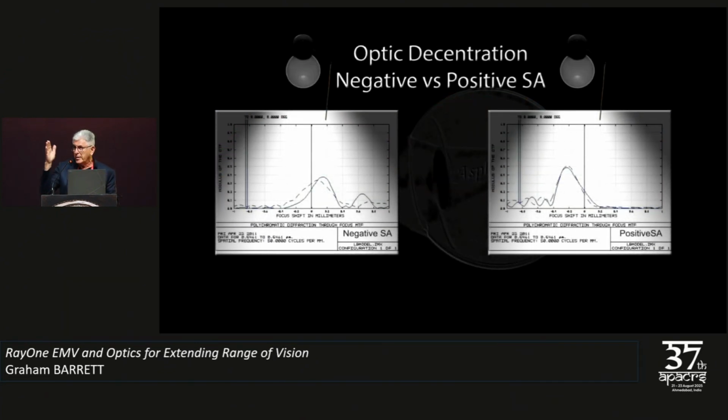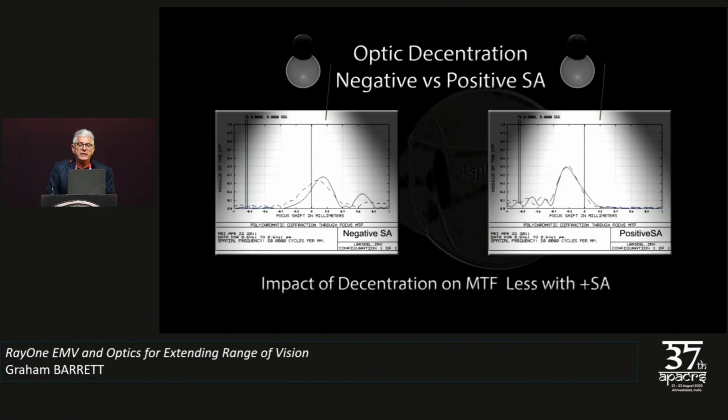We actually don't know where we should actually put them. And if you look on the right, or actually on my left, looking at the screen, with the positive spherical aberration, with decentration, there's very little impact. The MTF is not altered. If you look at negative spherical aberration in contrast, even a small amount of decentration will drop the MTF significantly.